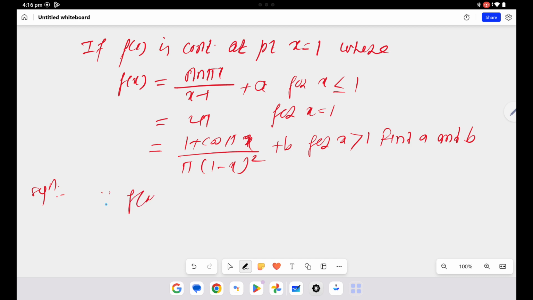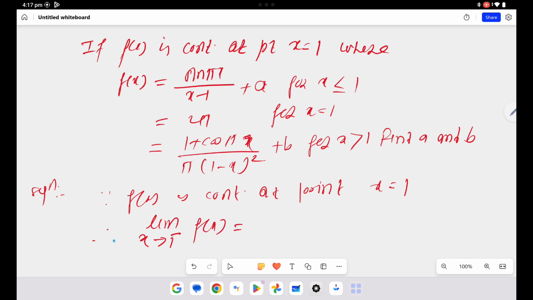Since f of x is continuous at the point x equals 1, therefore by the second definition of continuity, the limit as x tends to 1 from the left of f of x is equal to the limit as x tends to 1 from the right of f of x, which is equal to f of 1.